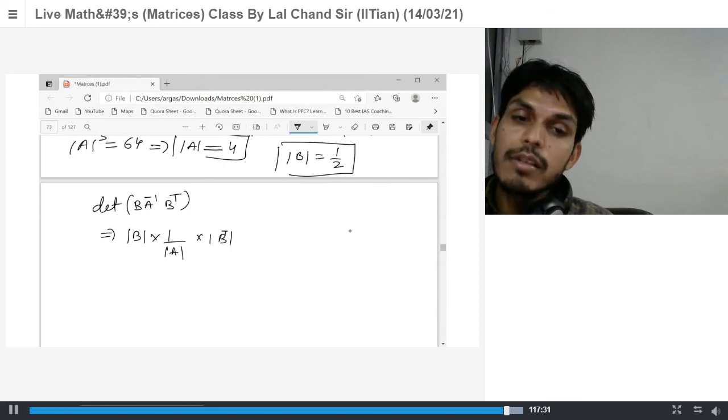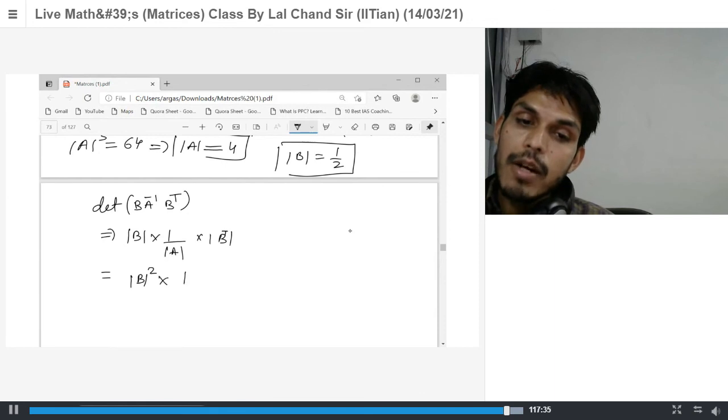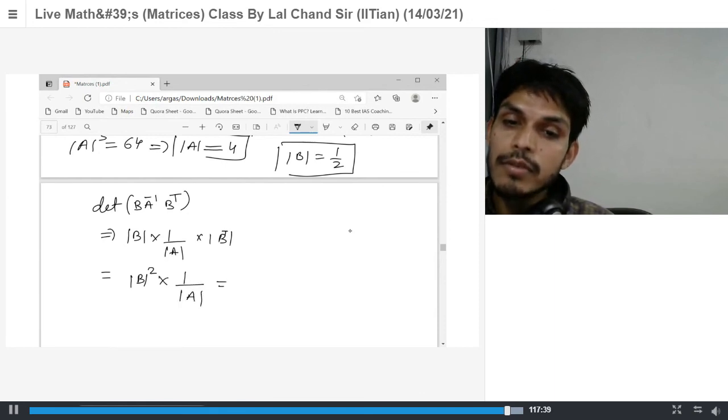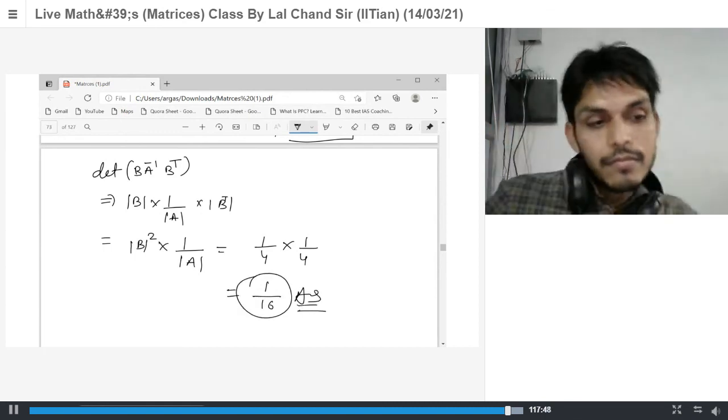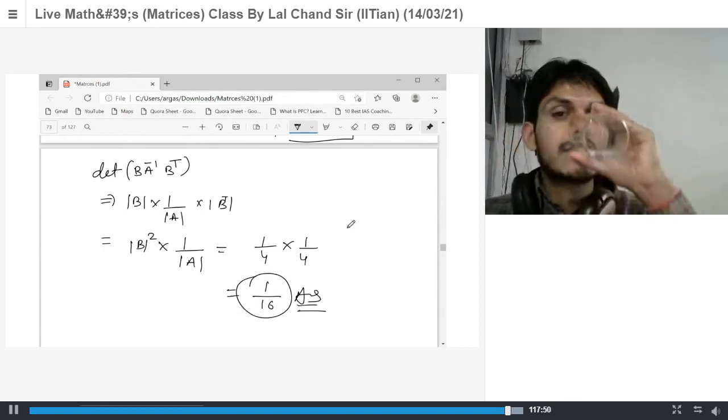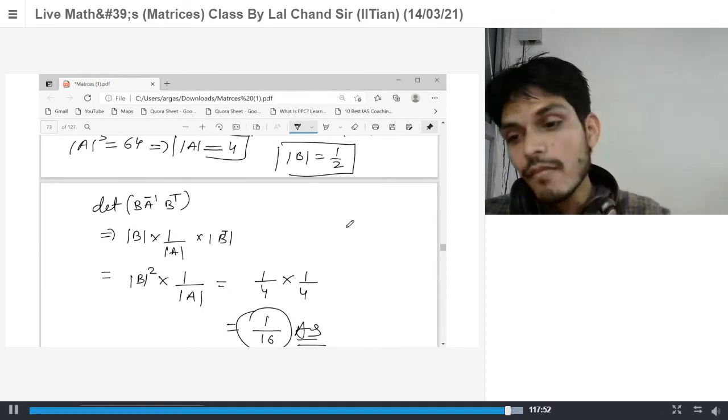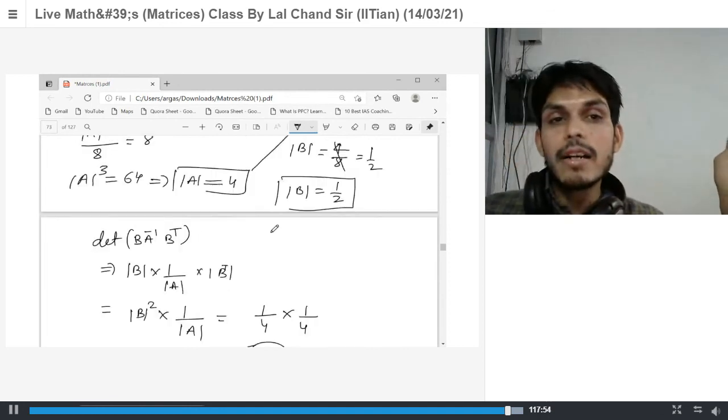So these two are equal, so this is equal to B square into 1 by 8. If I solve this, this is 1 by 4, and the value of A is 4, so this is equal to 1 by 16 as the correct answer, isn't it? So is there any doubt till now?